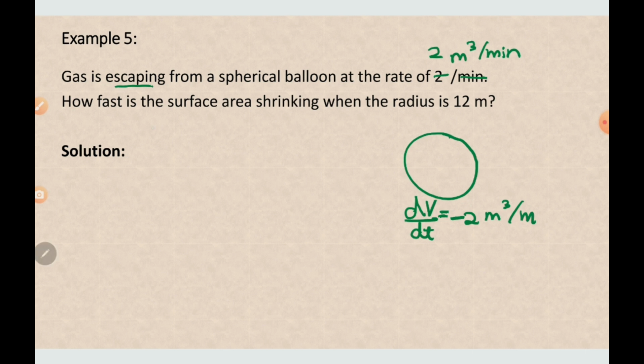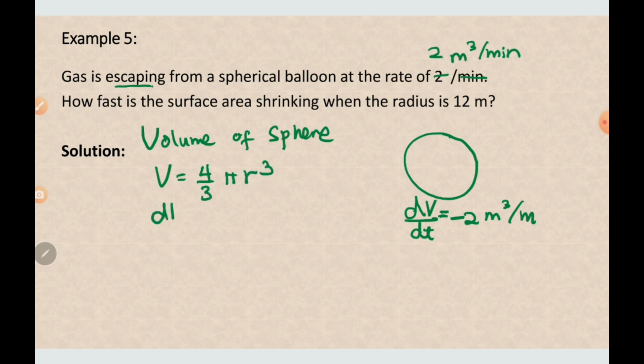So you need to know the formula for volume. The volume of a sphere is given as V equals 4/3 pi r cube. Then you need to find dV/dr.